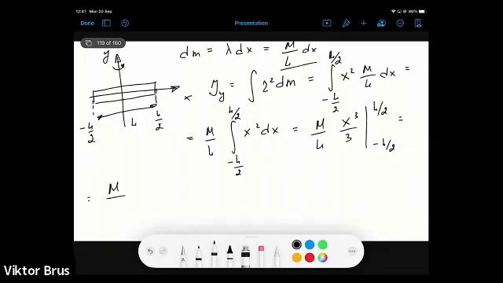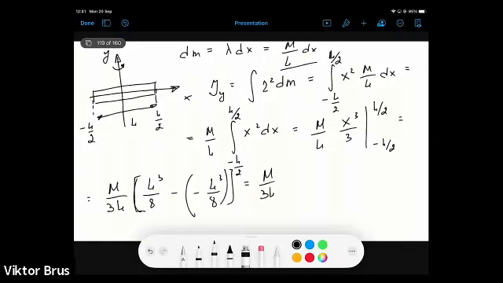So here will be L cubed over 8 minus, and here will be another minus L cubed over 8. So now minus and minus will give us plus. So we will get m over 3L times L cubed divided by 4.